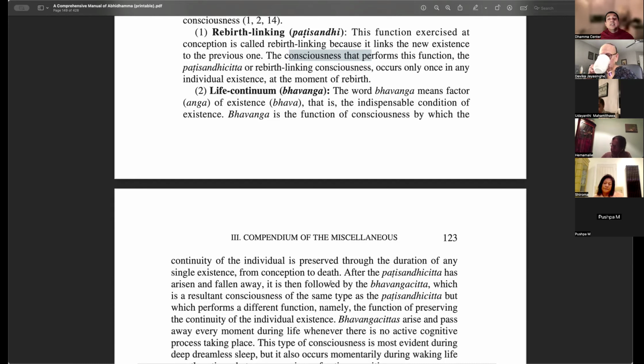At other times, there is continuity through the bhavanga. So, when we look at these Javana processes and bhavanga processes, it links to a state of mind which arises in connecting those experiences of cognition of the mind.